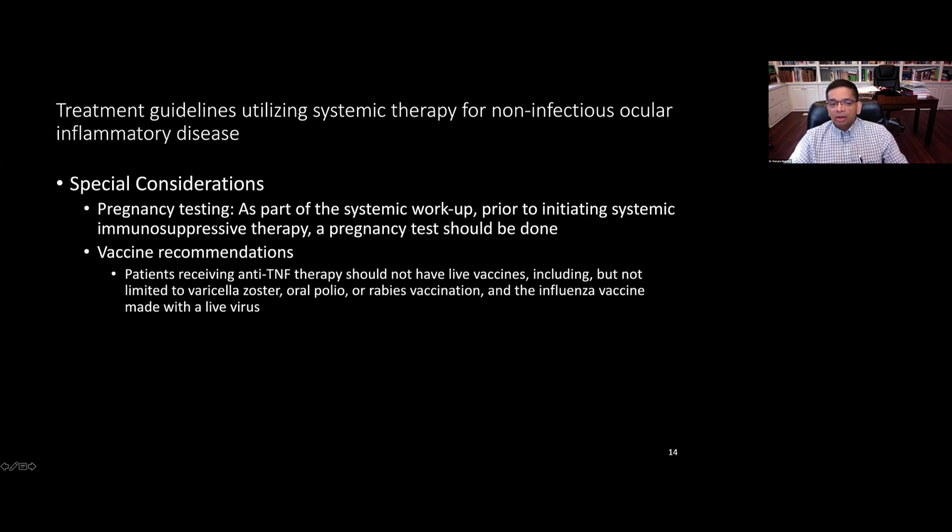Pregnancy and the desire to have children are an important part of deciding the immunosuppressive therapy. And of course, with vaccine recommendations generally, and with COVID-19, it has become particularly a difficult problem to answer. But patients who are receiving any kind of immunosuppressive therapy should probably avoid live viral vaccines.